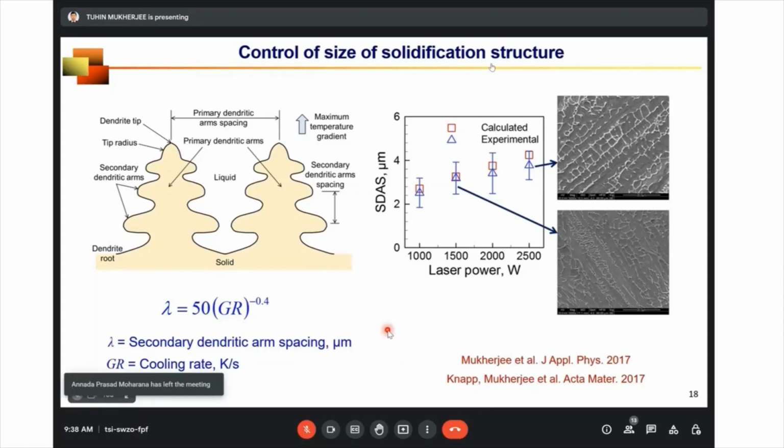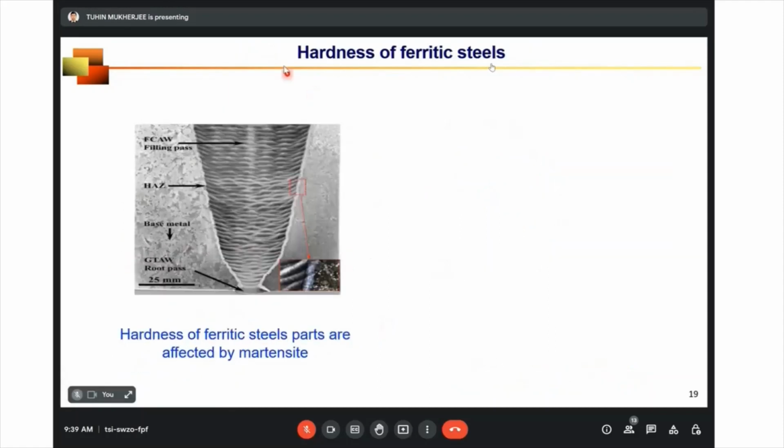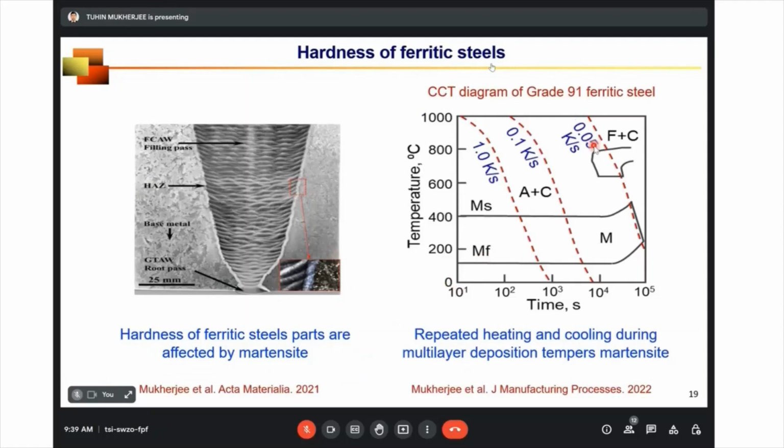But solidification structure is not the only factor that controls property. Let's say we take a very simple property, hardness of ferritic steels. The hardness of ferritic steel is affected by martensite. This is a CCT diagram of ferritic steel grade 91, which is commonly used in the nuclear power industry.